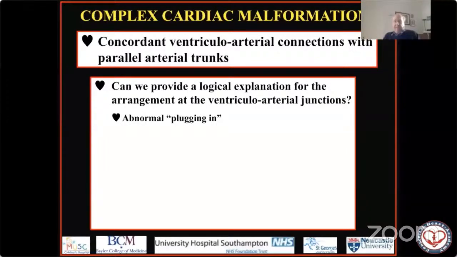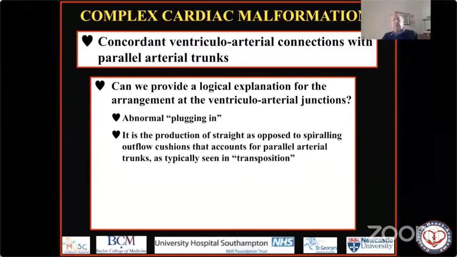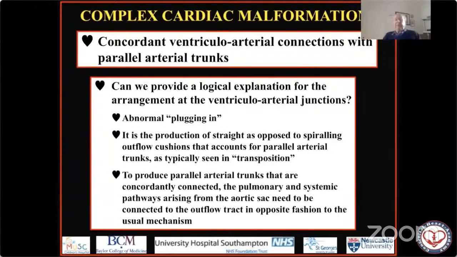Now that's not going to mean much to you at the moment, so let me try to explain to you what I mean. If we go back just a step and think of the development of transposition, discordant ventricular arterial connections, we know now that that is the consequence of having a straight arrangement of the cushions that divide the outflow tract rather than the spiraling arrangement that produces the normal situation.